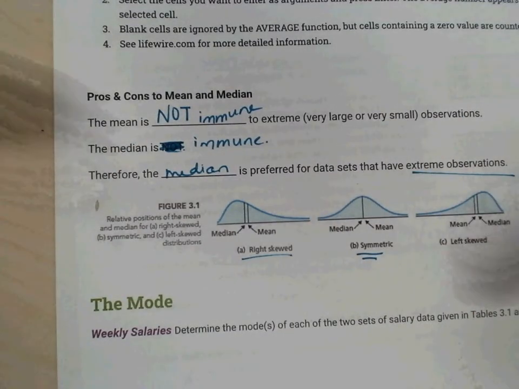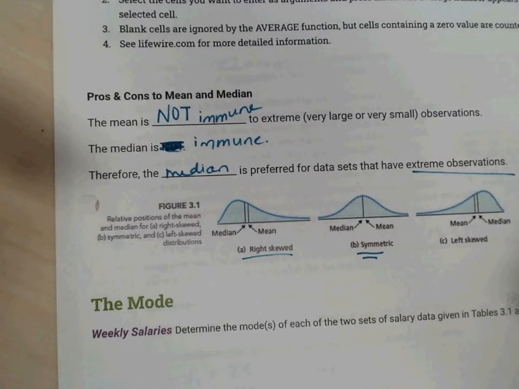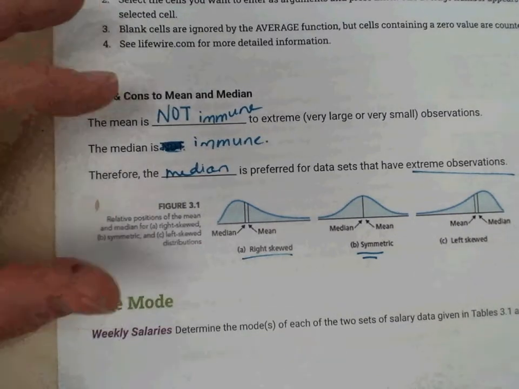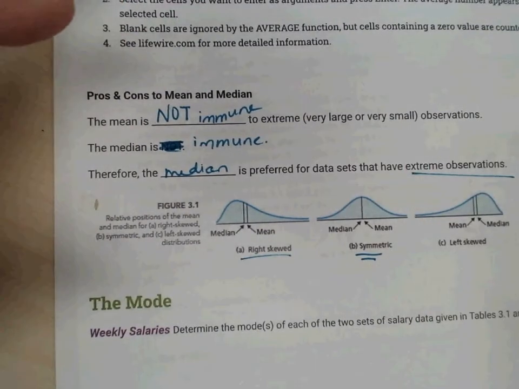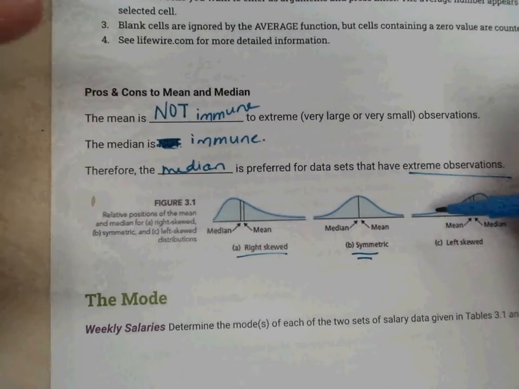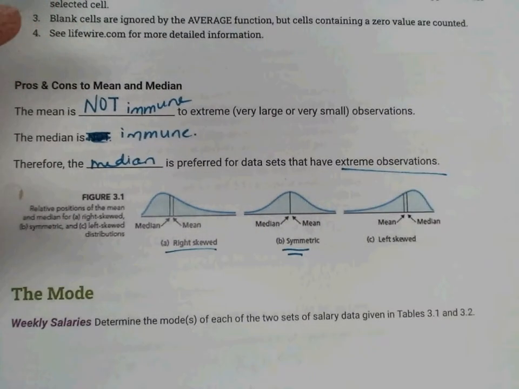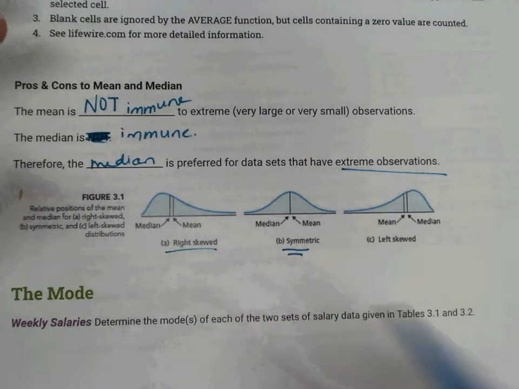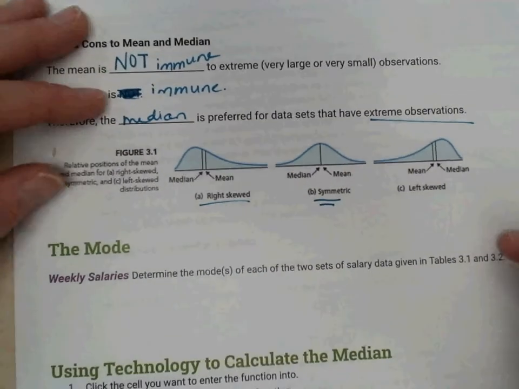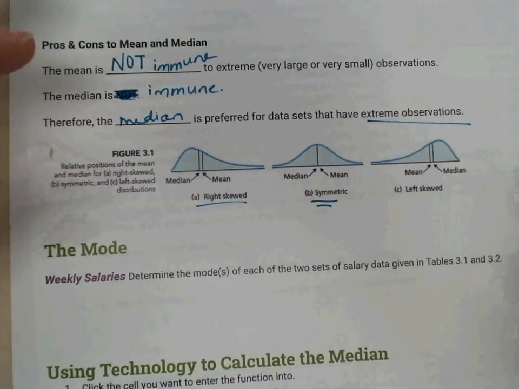When you have the symmetric data set, so you have all of the data evenly distributed around your mode, right? The mode is where that tops out. The mean and the median are the same point. And then when you have left skewed data, your mean is going to fall to the left of the median.